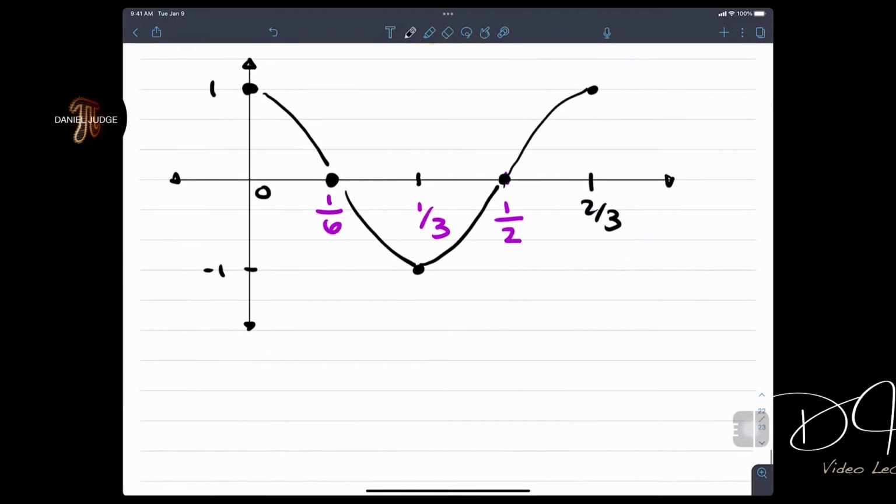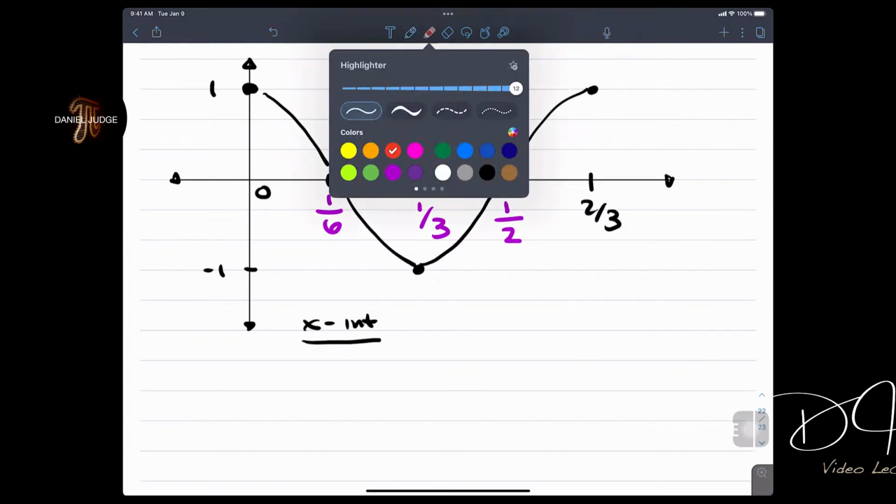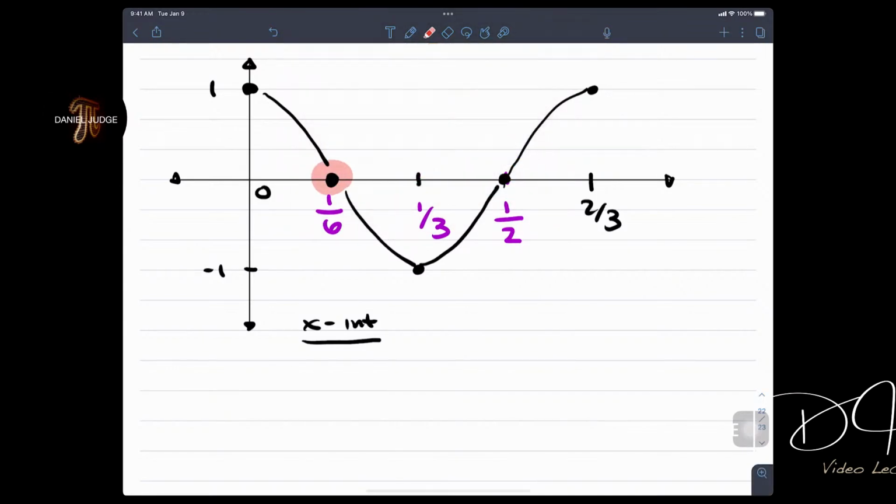We're now able to answer a lot of information about the curve. The x-intercepts happen when x is 1/6 and when x is 1/2. You're at a maximum value at 2 locations for cosine.